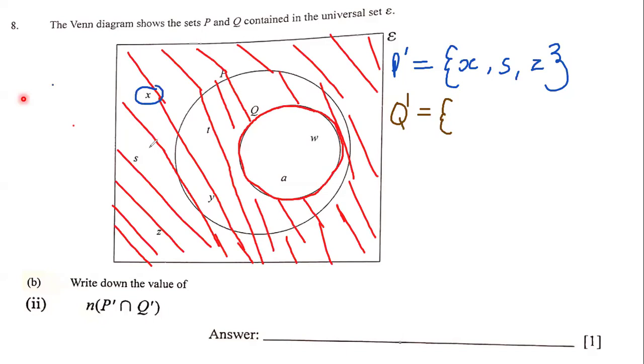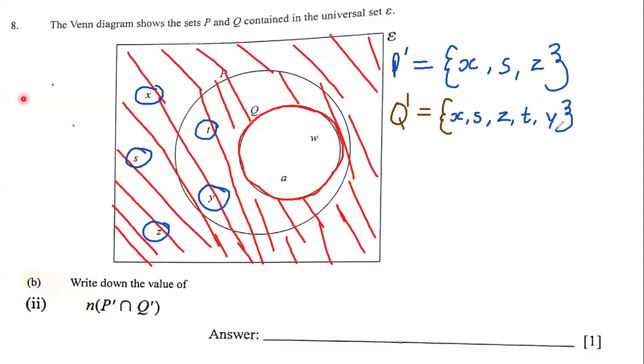X, S, C, Z, T, Y. So the elements of Q complement are X, S, C, T, and Y. All right, and so that's the elements of Q complement.